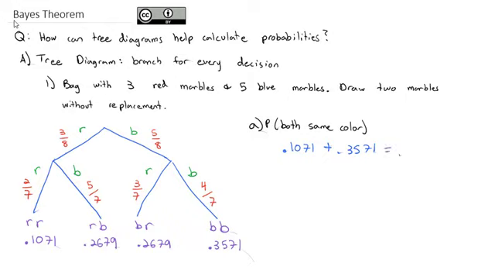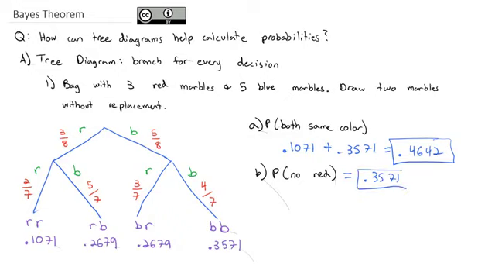That gives us a total probability of 0.4642 that both marbles are the same color. We could calculate the probability that we get no reds. No reds only happen in one place, and that's the blue-blue situation. That's the 0.3571.